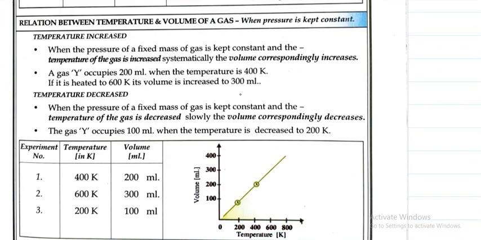Next we will see what the relationship between temperature and volume is. When the pressure of a fixed mass of gas is kept constant, and the temperature of the gas increases systematically, the volume correspondingly increases. Okay?